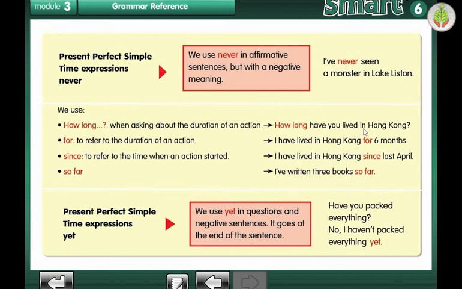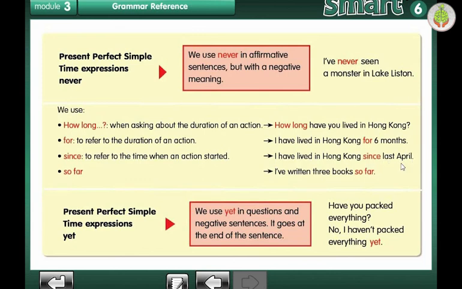So about a period of time. How long have you lived in Hong Kong? We use for to refer to the duration of an action. I have lived in Hong Kong for 6 months, but we didn't mention which months. January, February, March, April, we didn't mention, so just 6 months. Since we use it to refer to the time when an action started, so we refer to the specific time.